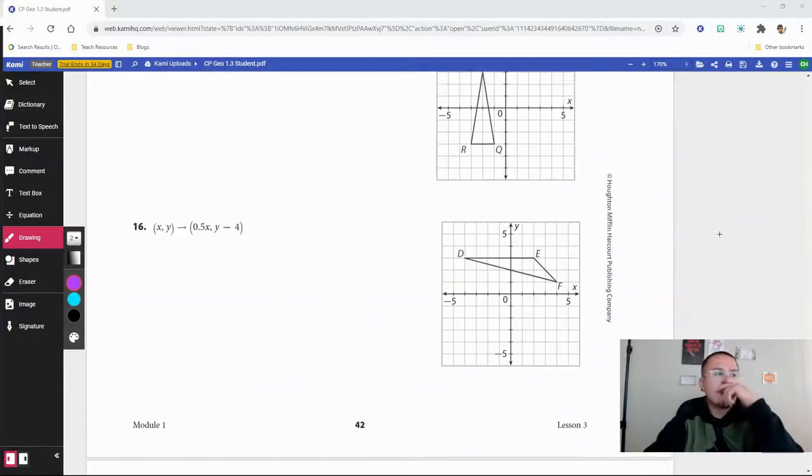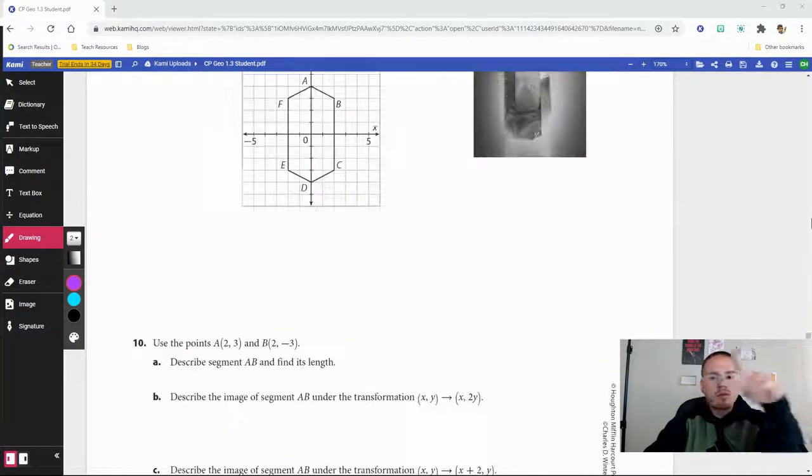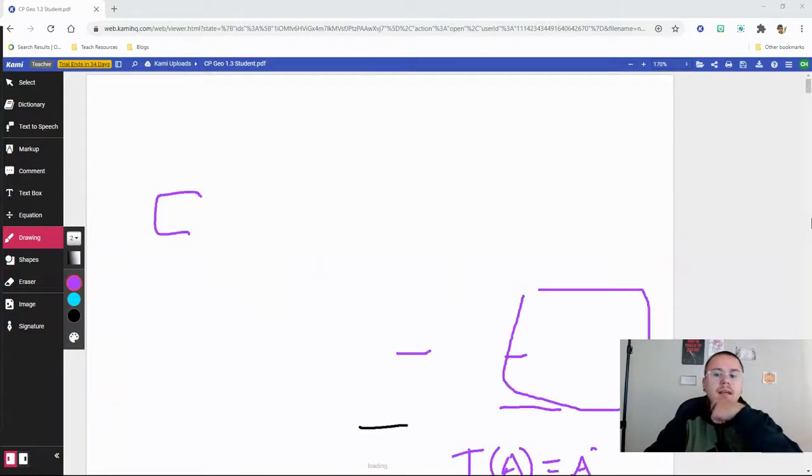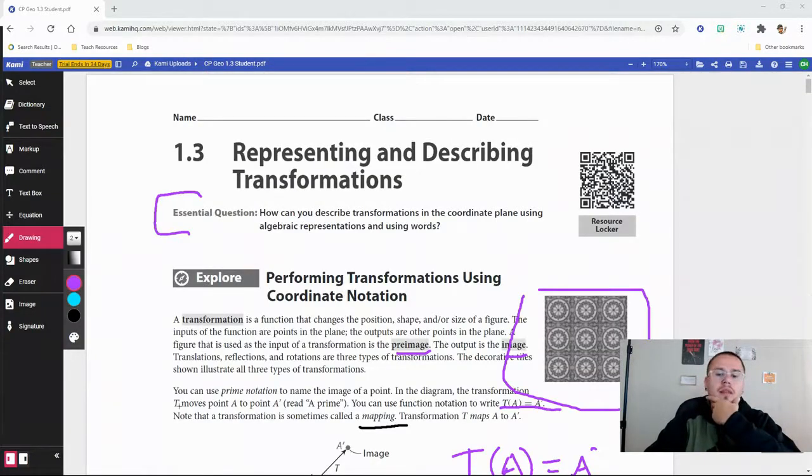So I would like real quick for you guys to come back up to where we started and ponder with me this essential question. The essential question was to make sure that you guys are considering how to describe transformations in the coordinate plane using algebraic representations and using words. Come up with your own definition.